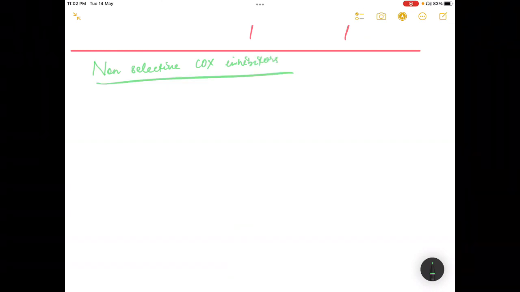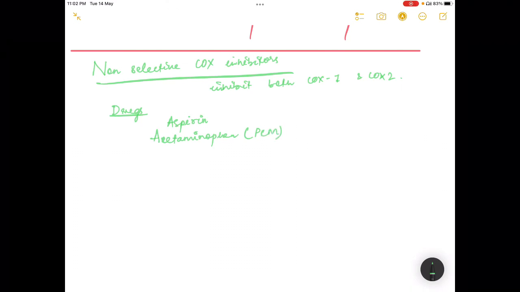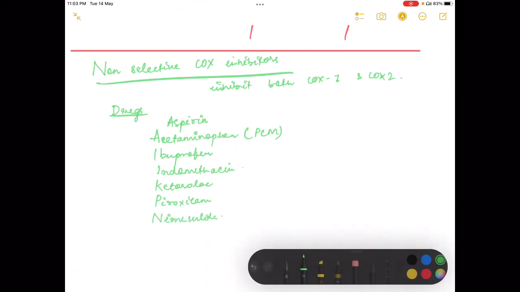The non-selective COX inhibitors inhibit both COX-1 and COX-2. The drugs are aspirin, acetaminophen, that is paracetamol, ibuprofen, indomethacin, ketorolac, piroxicam, nimesulide.